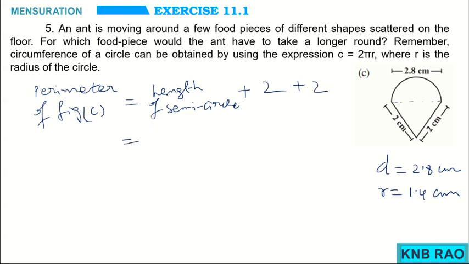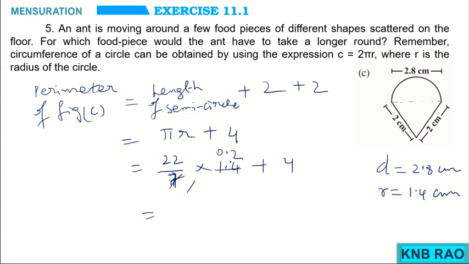That means the length of the semicircle is pi r plus 2 plus 2 is 4, and pi is substituted as 22 by 7 into r is 1.4, plus 4. You know how to cancel and do the multiplication.